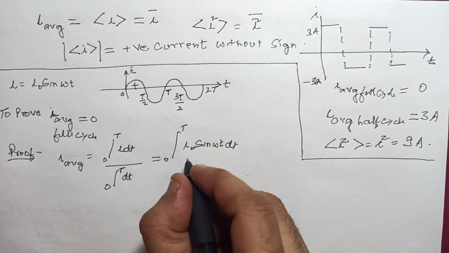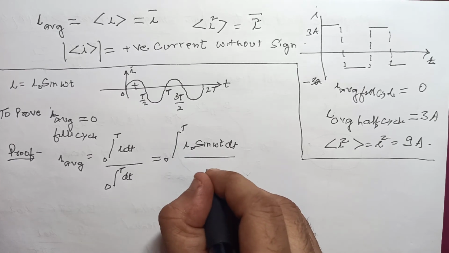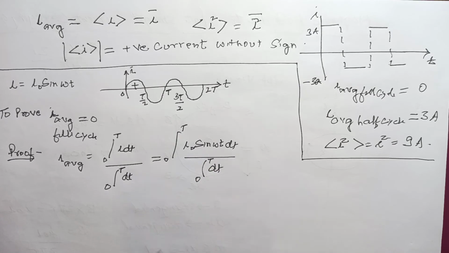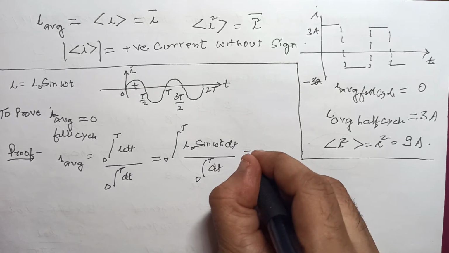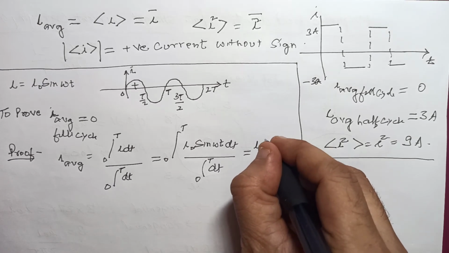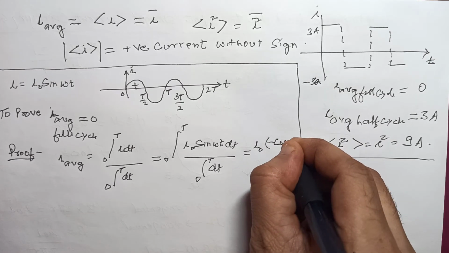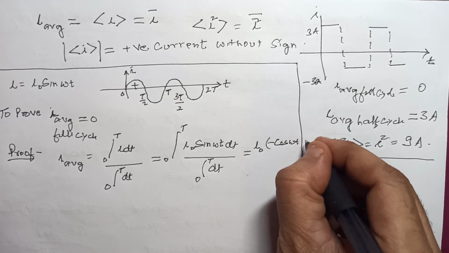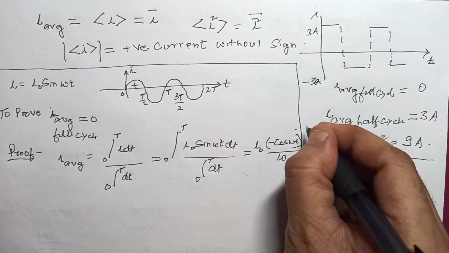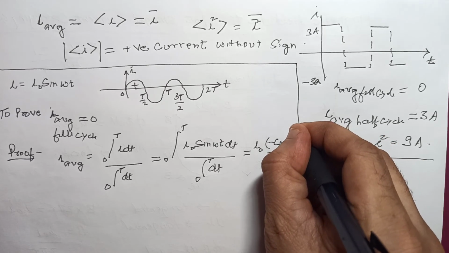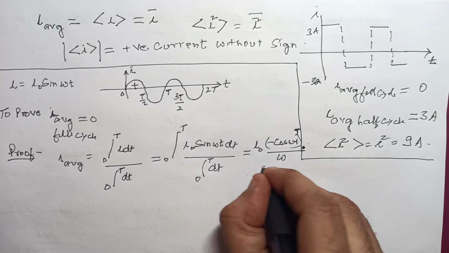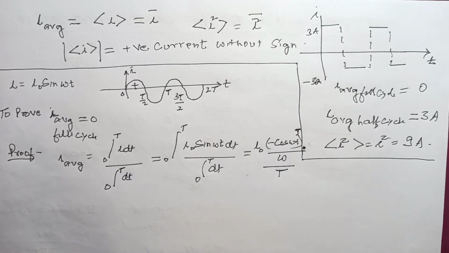We have just replaced the value here. Further, it becomes 0 to T and dt. Now further, if I integrate it, it becomes I naught minus cos omega t by omega, and then it is T to 0. Sorry, I said differentiation, it is integration. My apologies.